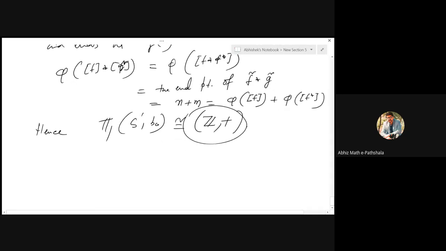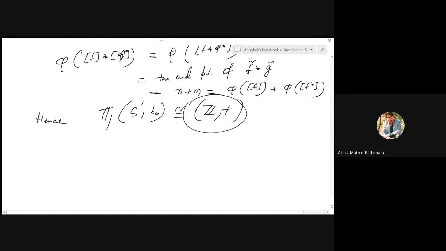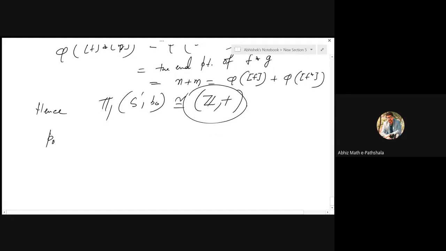You can define one generator by using the covering map, just by restricting the map P onto the closed interval 0, 1. That is, take P naught as the restriction of P to this interval.